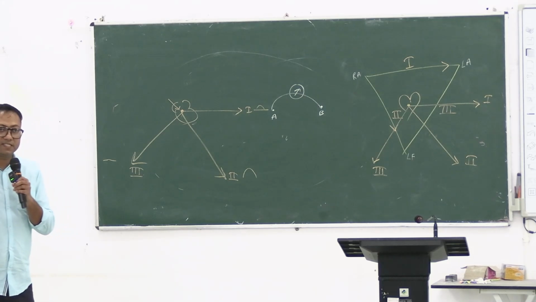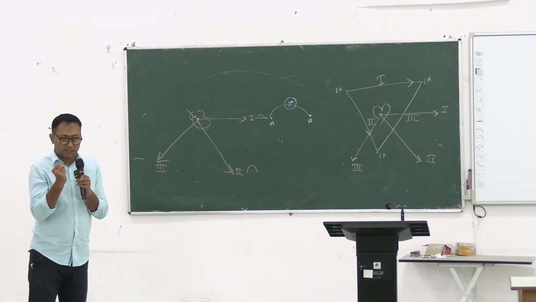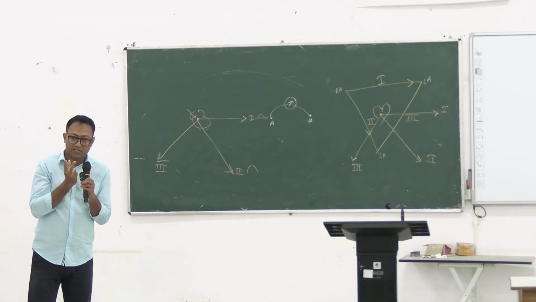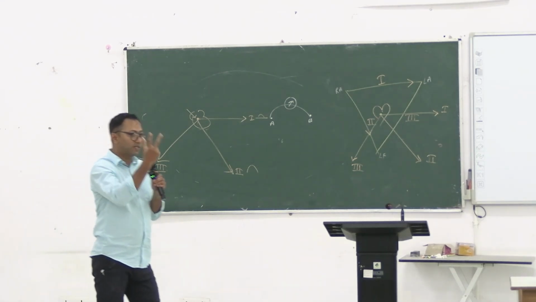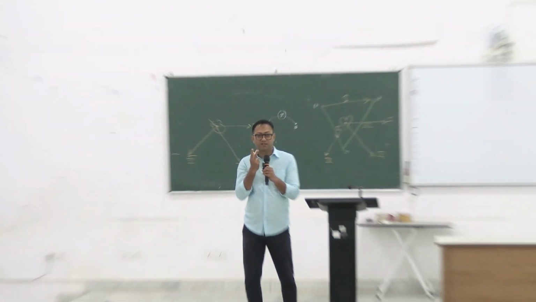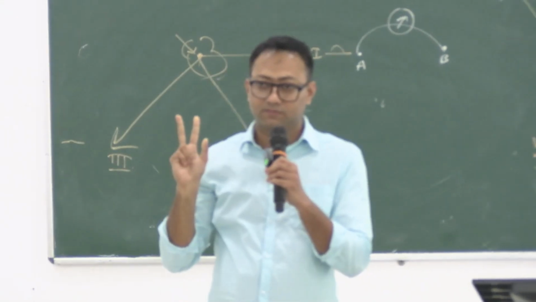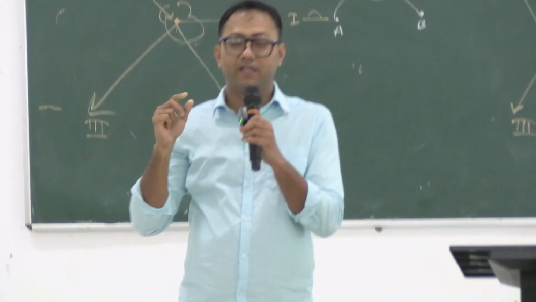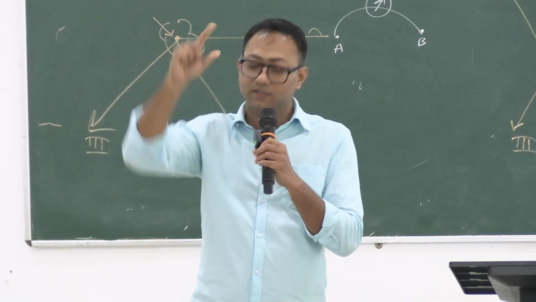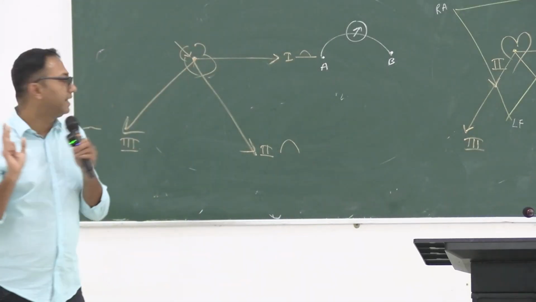Because all the ECG leads are sensors. They detect someone is coming towards me, right? They detect someone is coming towards me. Okay, if someone is coming towards me, there will be upward deflection, right? And if the depolarization wave is moving away from me, there will be negative deflection. Okay, there will be negative deflection.